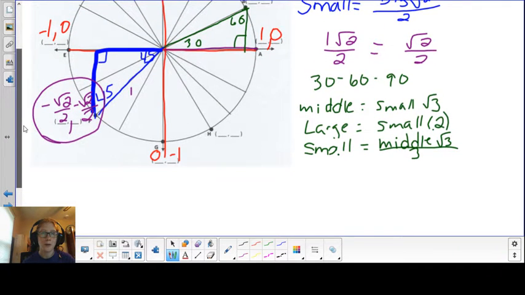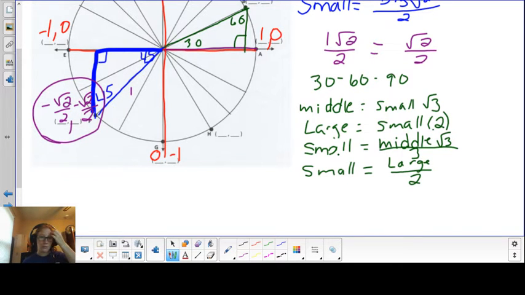Don't worry, I'm not going to leave my triangle yet. Now, if I'm looking for my small and I'm given the large, my hypotenuse, well, to go from small to large, I multiply by 2. So I'm going to take my large and divide by 2. Okay.